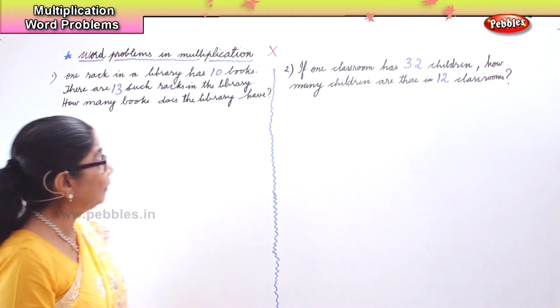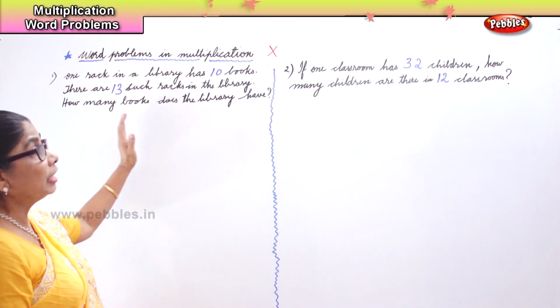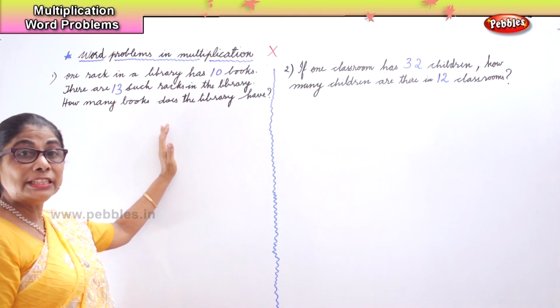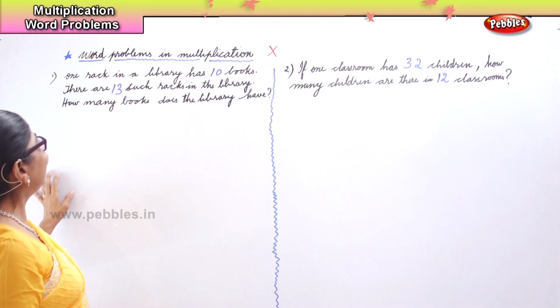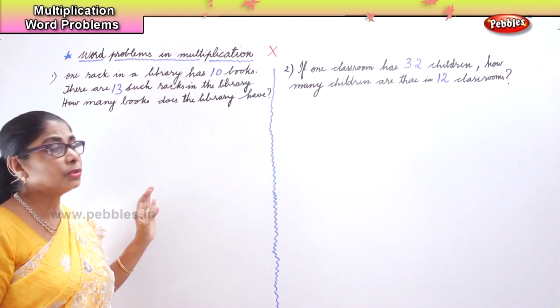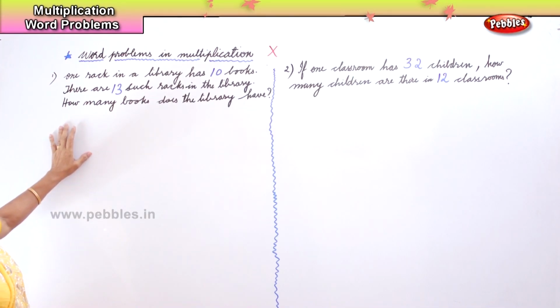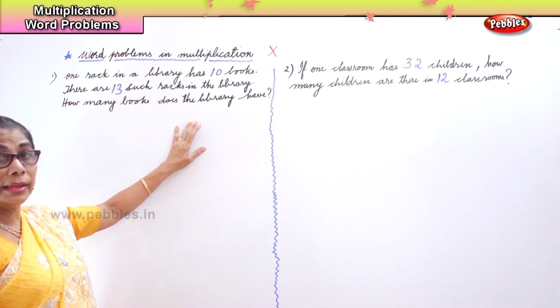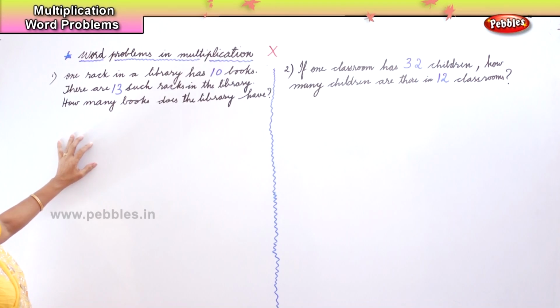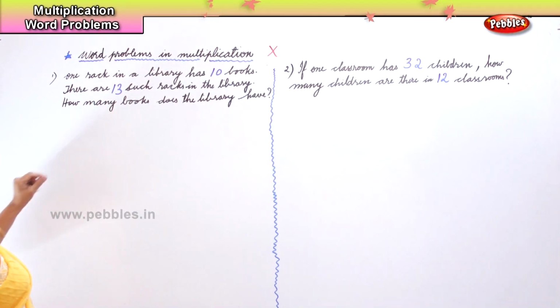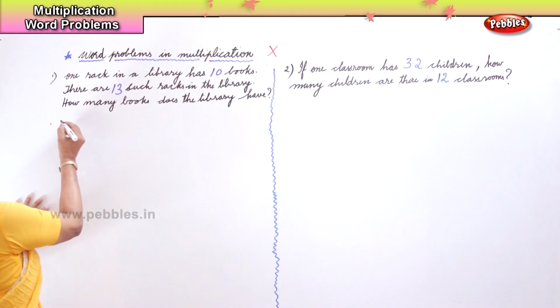Now, the first thing we need to do is learn to frame the statements for each. One rack in a library has 10 books. There are 13 such racks in the library. How many books does the library have? So, what will be the first statement? Number of books in one rack. So let's write the first one.